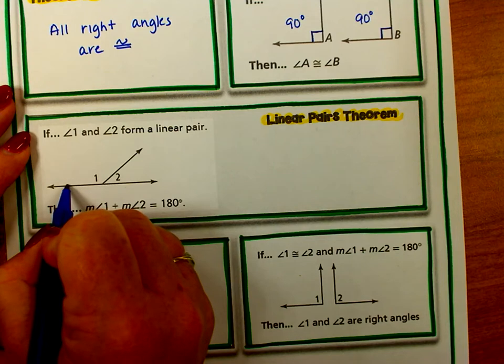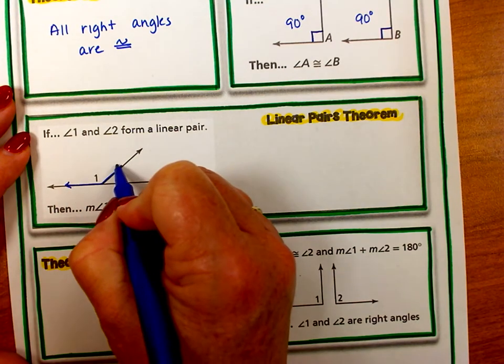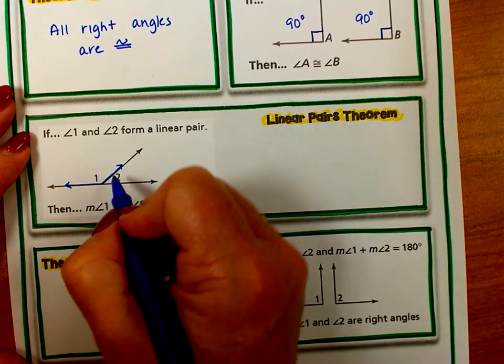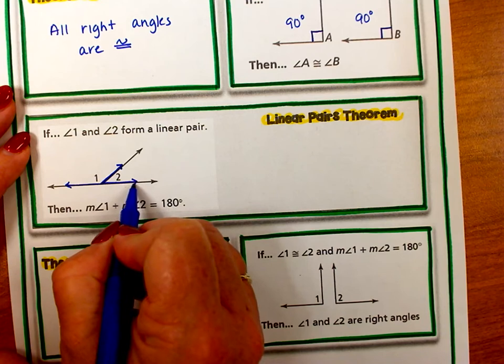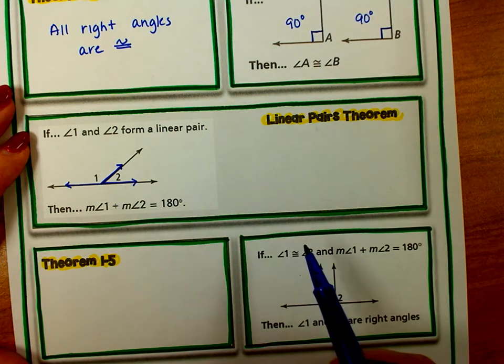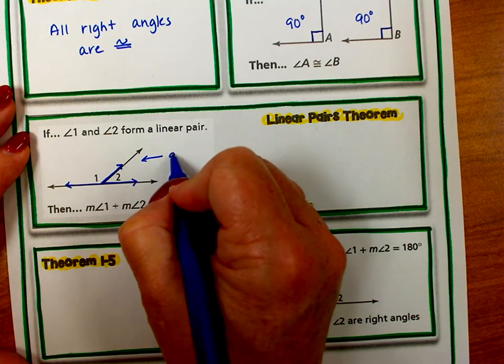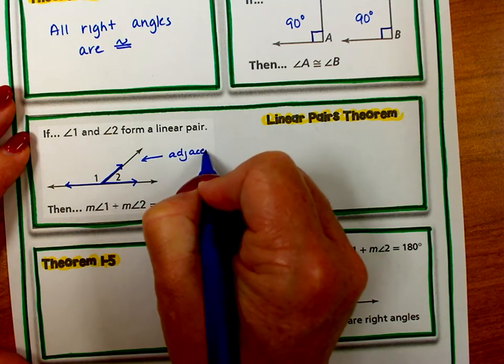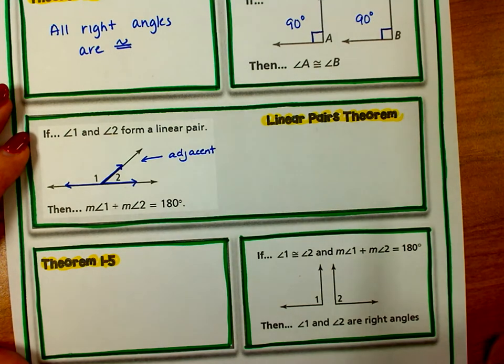So angle 1 is made up from this ray and this ray right here. Angle 2 is made up of this ray and this ray. So as you can see, they share a side right here in the middle. That's what we call adjacent. So to be a linear pair, they have to be two angles that are supplementary and adjacent.